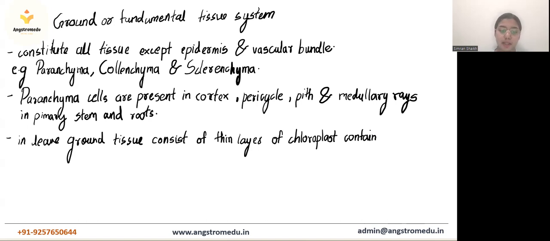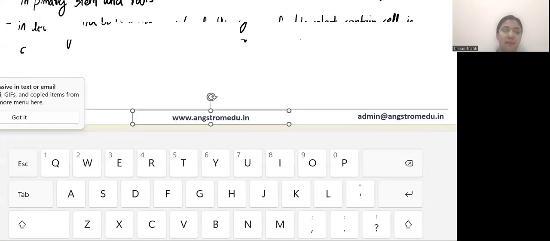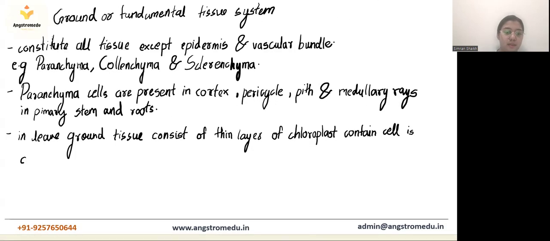These cells are present in the uppermost layer, and what is this called then? It is called mesophyll.